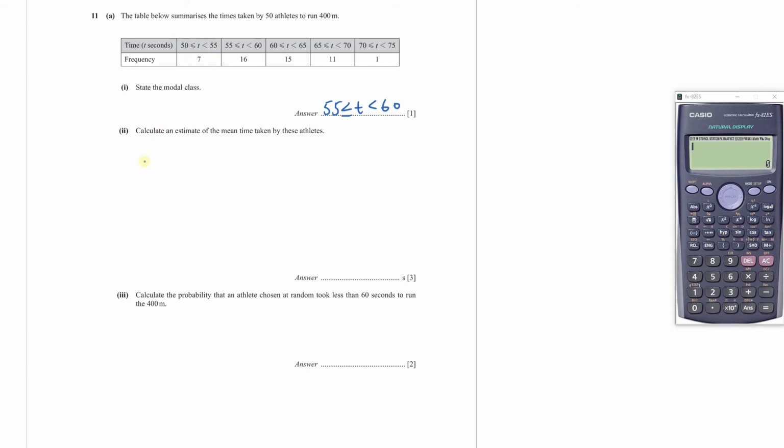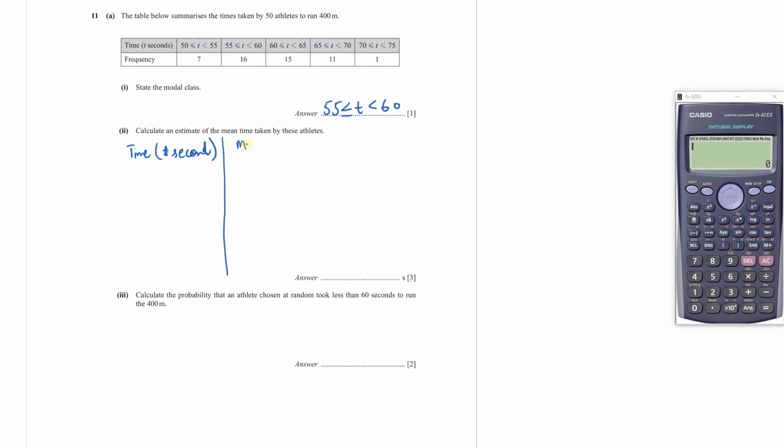So I'll draw another table here. So let's first write these values as well. So you have time t in seconds, and then you can calculate the midpoint for that class.